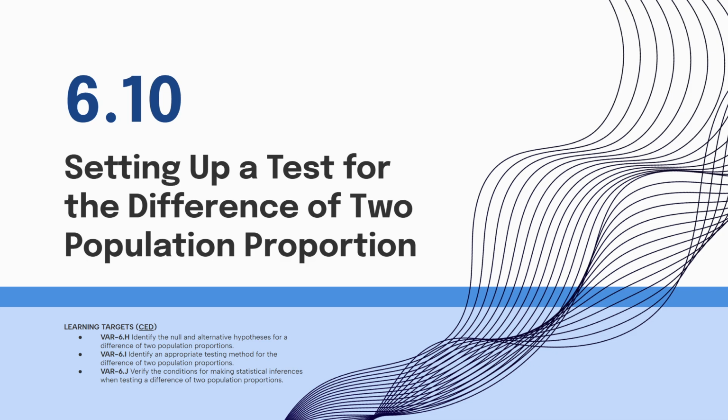But if it's positive, that means P1 is most likely greater than P2. But if it's negative to positive, zero is in your interval, which means that there could be no difference. So P1 minus P2 could equal zero. Does that make sense? These are the conclusions for this.